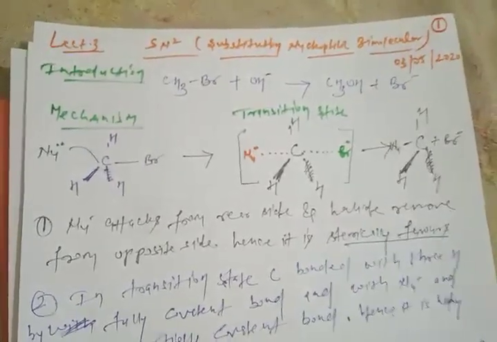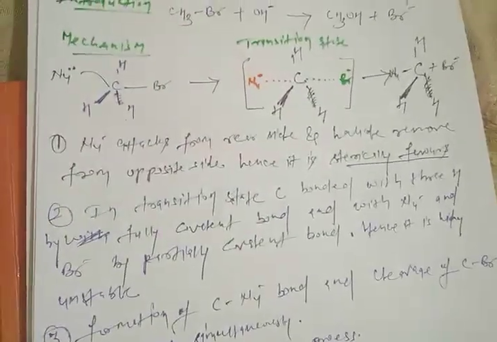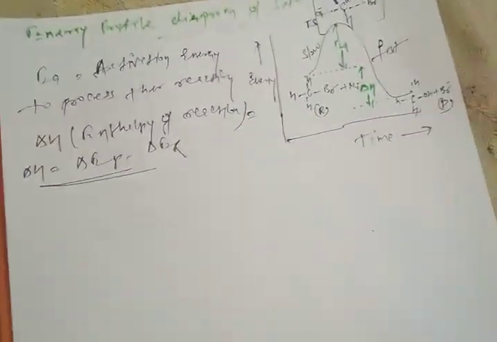So this is the full discussion of SN1 and SN2, and on the basis of that discussion you can write plenty of differences between SN1 and SN2. I think this is enough for this lecture, and let's end this lecture with a few questions.